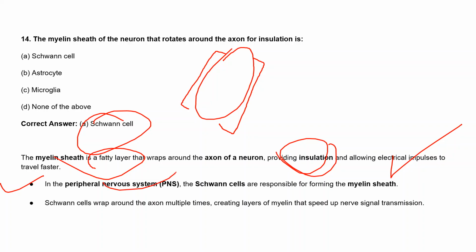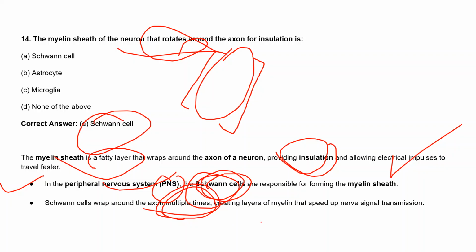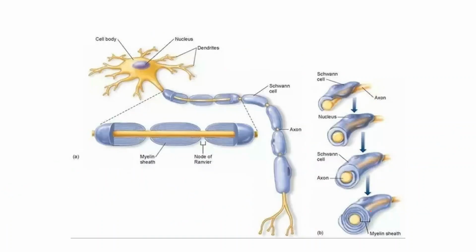So in the PNS, that is the peripheral nervous system, these Schwann cells are responsible for forming this myelin sheath. These Schwann cells wrap around the axon multiple times, and create a layer of myelin that speeds up the nerve signal transmission. So here we can see this is a cell body and a nucleus, and these are the dendrites, which take the signals from the presynaptic neuron.